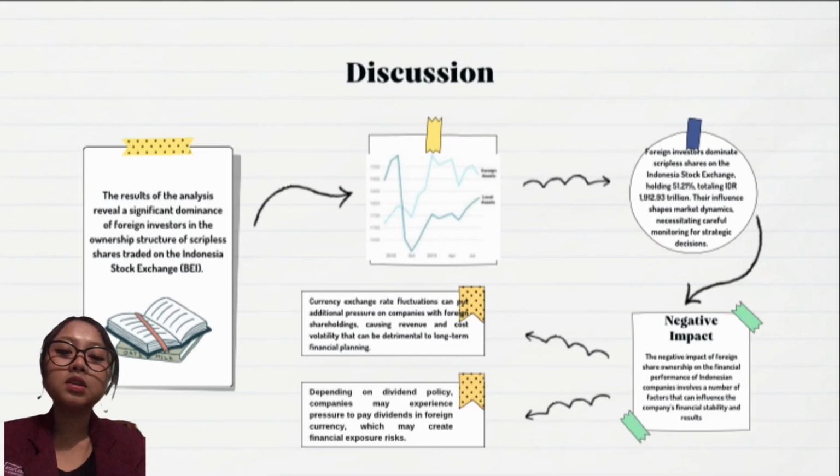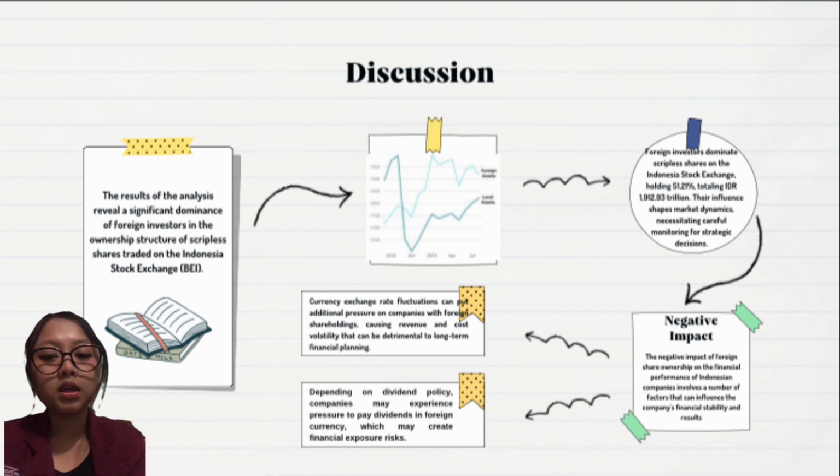Next, I will discuss the discussion. The results of the analysis reveal a significant dominance of foreign investors in the ownership structure of scripless shares traded on the Indonesia Stock Exchange, or BEI. We can see in the chart on the side that it shows a decline in Indonesian share ownership, especially in 2019, while foreign share ownership continues to increase, exceeding Indonesian share ownership.